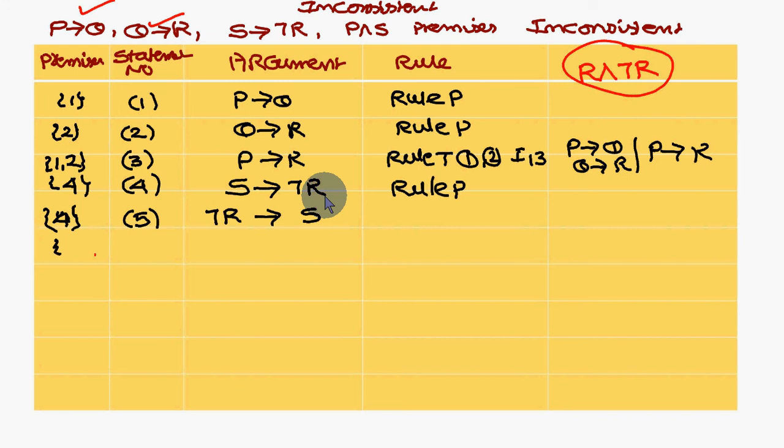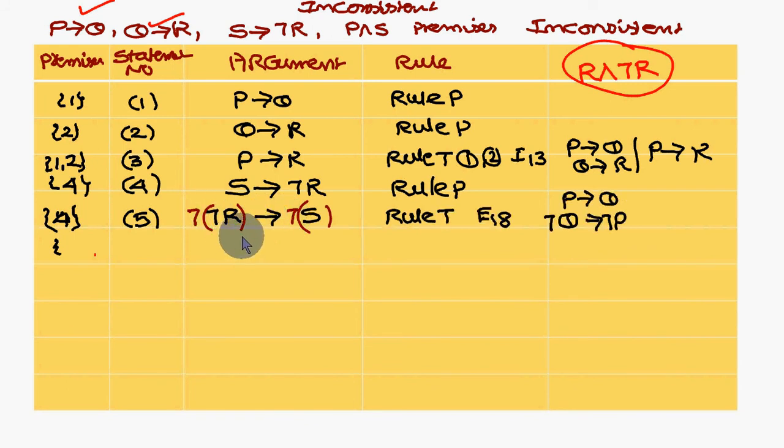I am trying to write this as R conditional something. S conditional not R can be written as not R conditional S. Again we have to add one more not to both sides. This is according to rule T, equivalence E18: P conditional Q can be written as not Q conditional not P. This is equivalence 18.